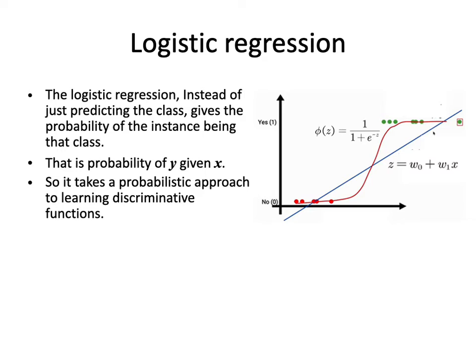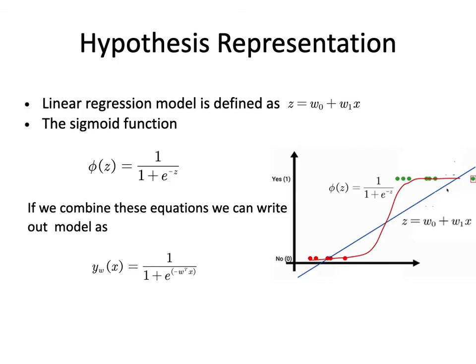So let's see how the output of the model can be interpreted. First of all, let us summarize our model. We have the linear model defined by z is equal to w0 plus w1x. Then we have a sigmoid function, which is phi of z. It will transform this linear model into a curve which is squashed into the range of 0 and 1.